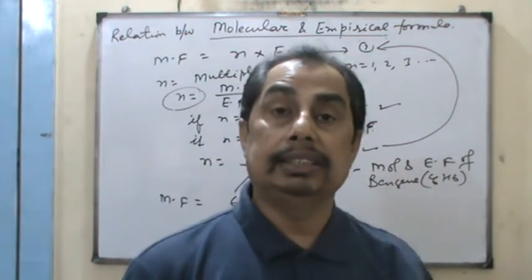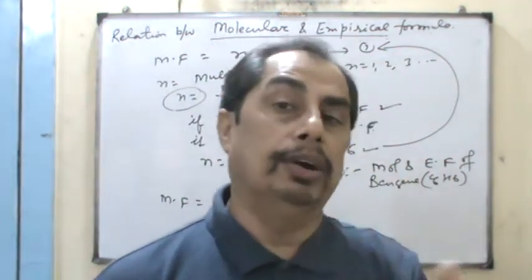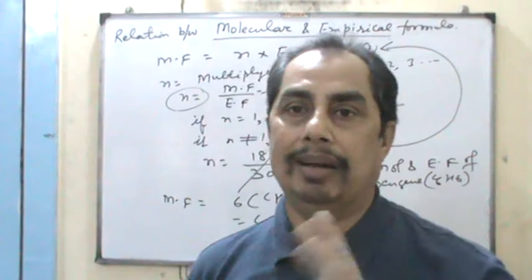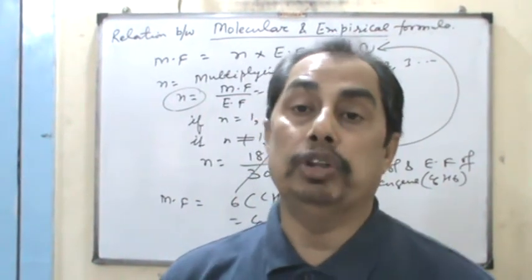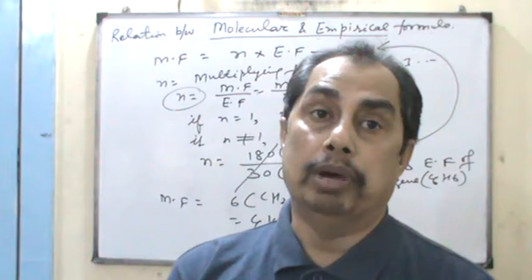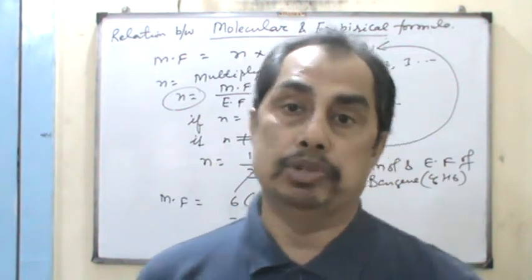So dear students, this is a very theoretical part of the molecular and empirical formula, but the very important part is how to solve the numericals based on the percentage composition.